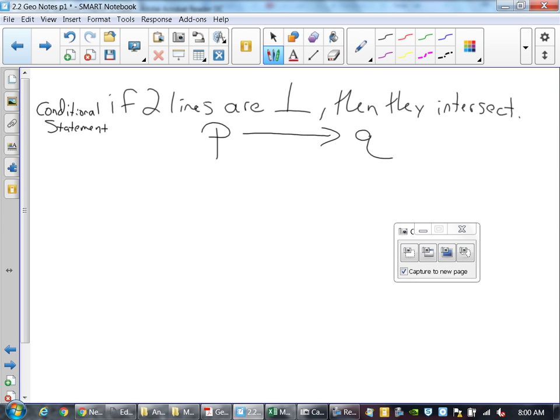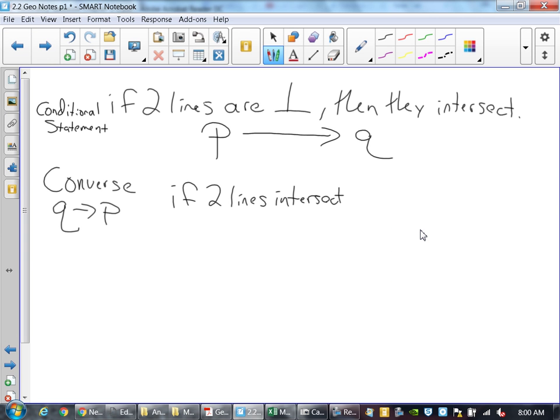The converse switches the P and Q, so the converse says Q implies P. If I look at the statement we have, if two lines are perpendicular, then they intersect, and rearrange it to the converse, I would say: if two lines intersect, then they are perpendicular. Not necessarily. Good, you're coming right away with the counterexample.